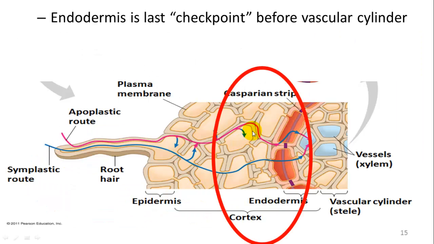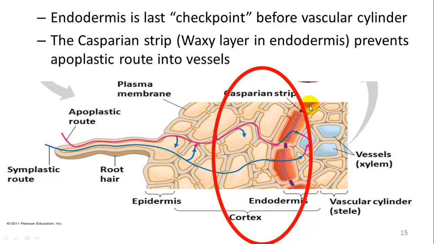The water and minerals then have to pass through the endodermis, which has a Casparian strip that blocks any apoplastic route, so everything has to go through the cells via the symplastic route.